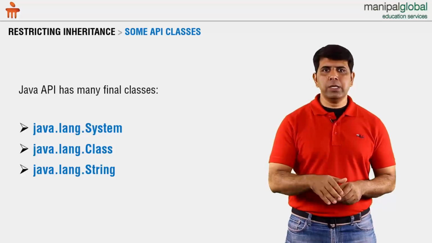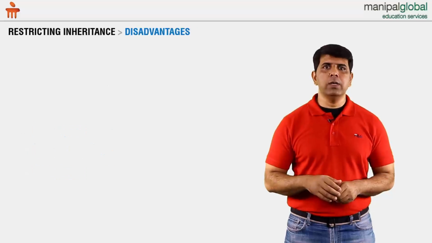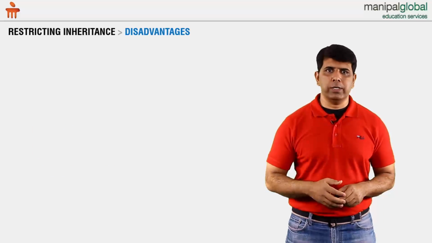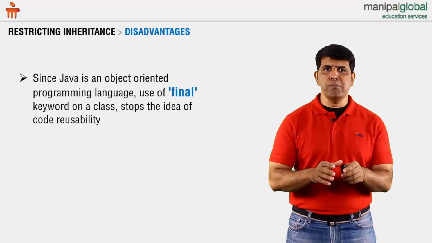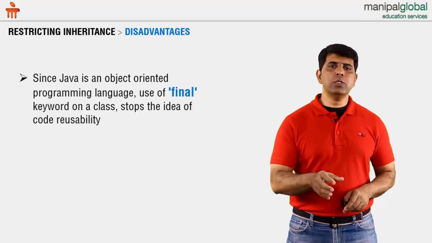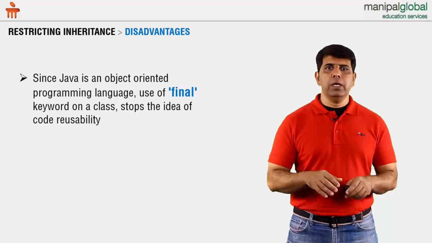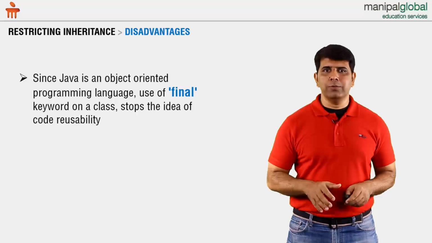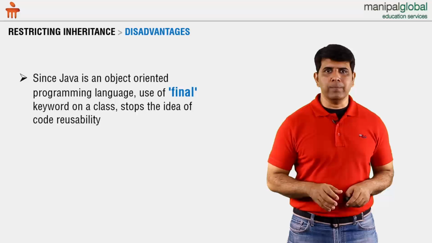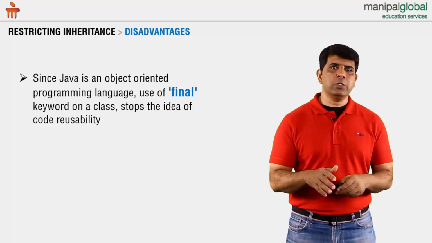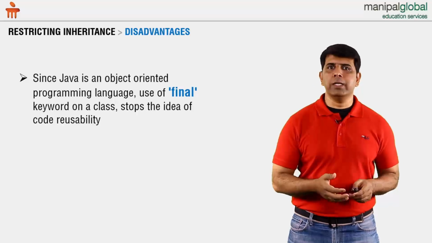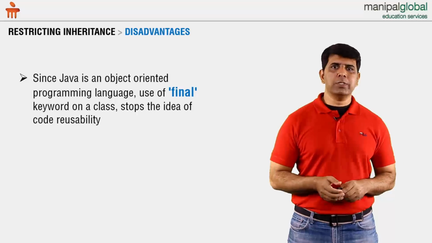Okay, so let's see some of the reasons why that is not allowed, but first let's look at some of the disadvantages. Since Java is an object-oriented programming language, many people think that using the final keyword on a class is stopping a very powerful feature called reusability. Of course, this is not really true because reusability can also be achieved apart from inheritance using aggregation and composition.